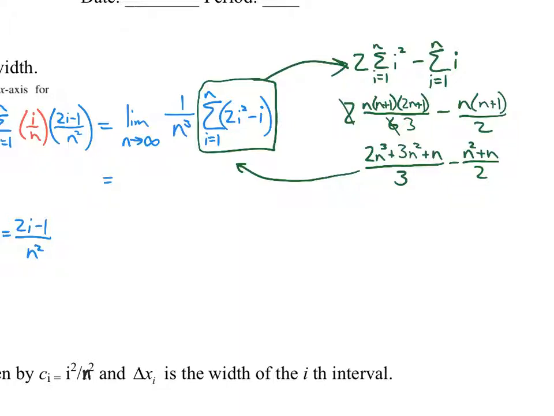Okay? So my final step here is when I have to take the limit as n approaches infinity. What am I taking the limit of? Well, it's this 2n cubed plus 3n squared plus n over now a 3n cubed, minus an n squared plus n over a 2n cubed.